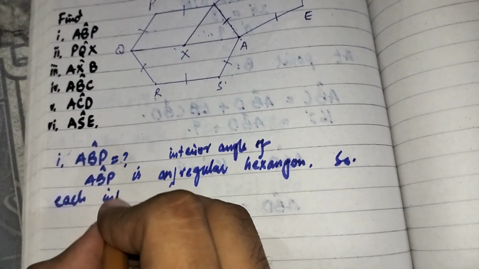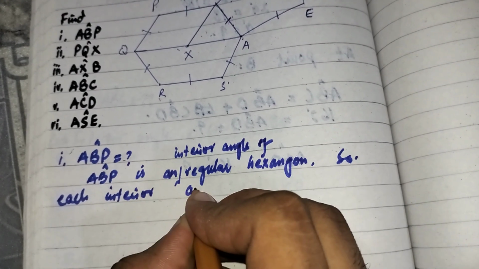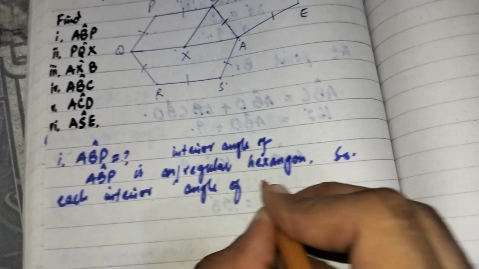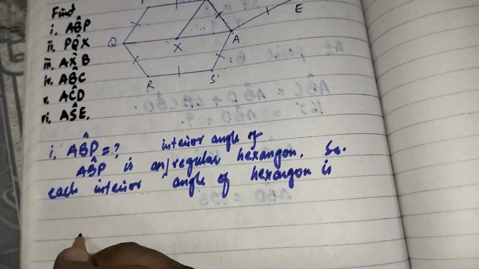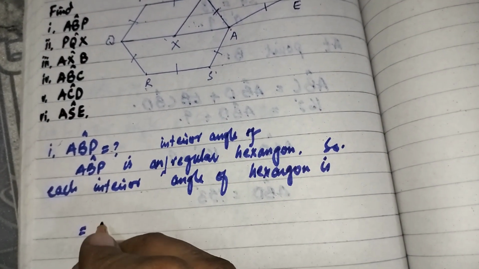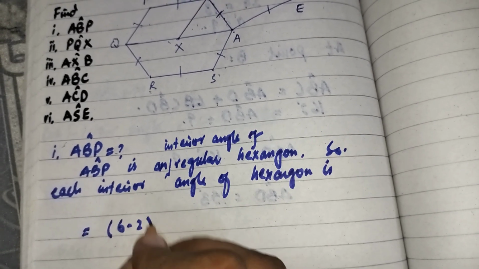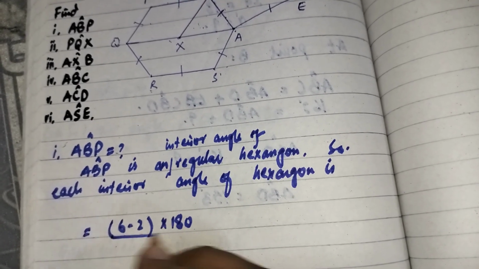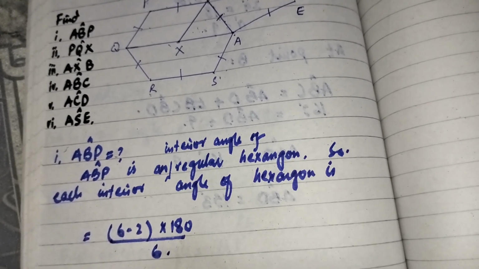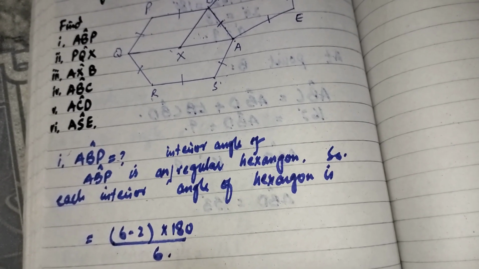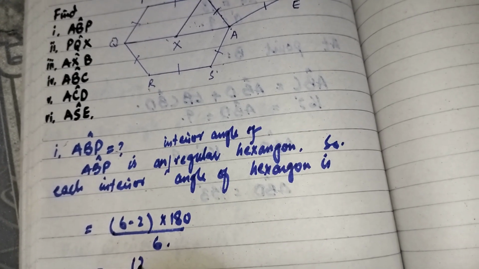So each interior angle of hexagon is 6 minus 2 multiplied by 180 divided by 6. So 6 minus 2, 4 multiplied by 180 divided by 6. So it is 120 degree.